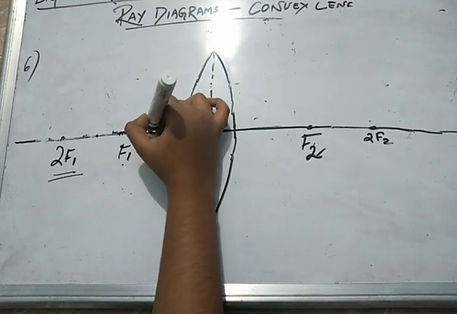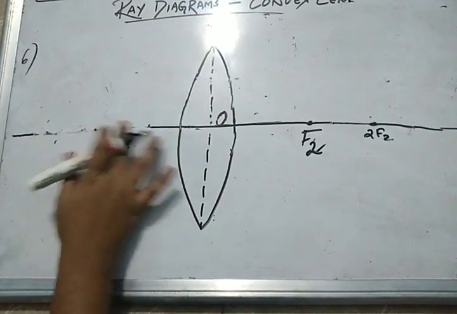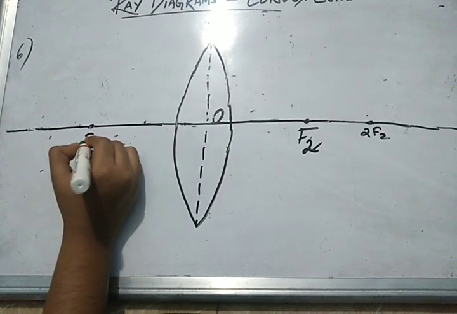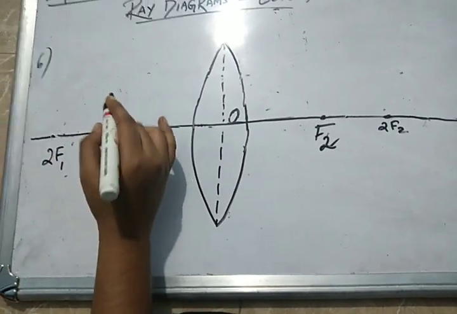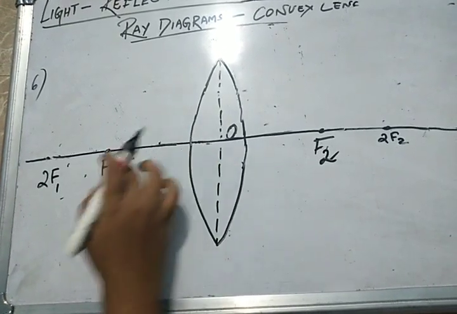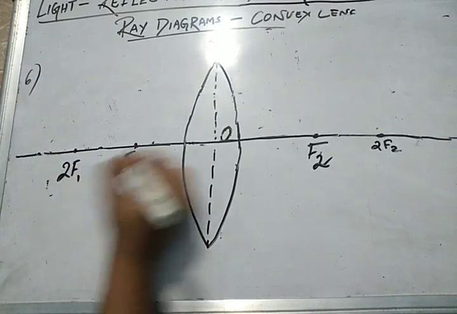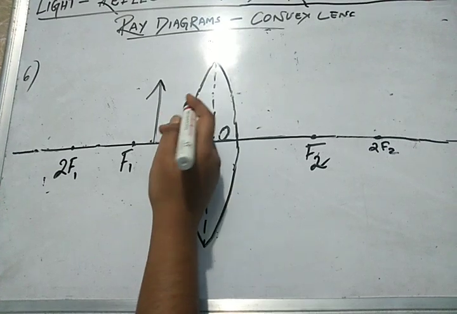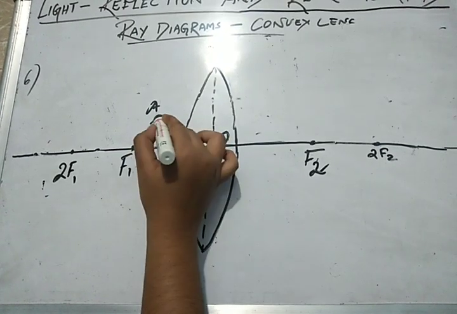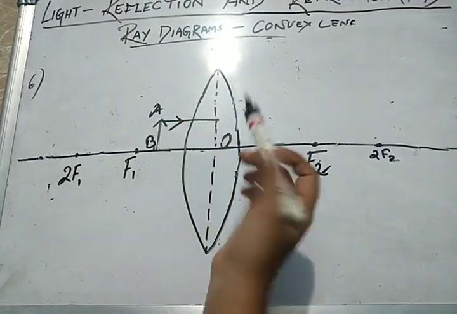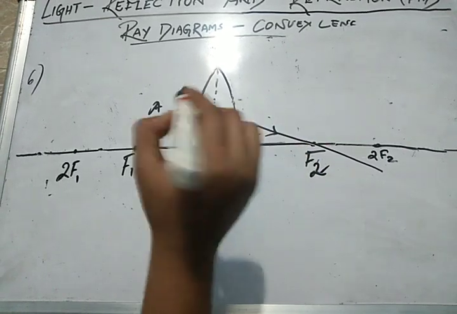This is F1, this is 2F1. I draw my object somewhere here. A, B.